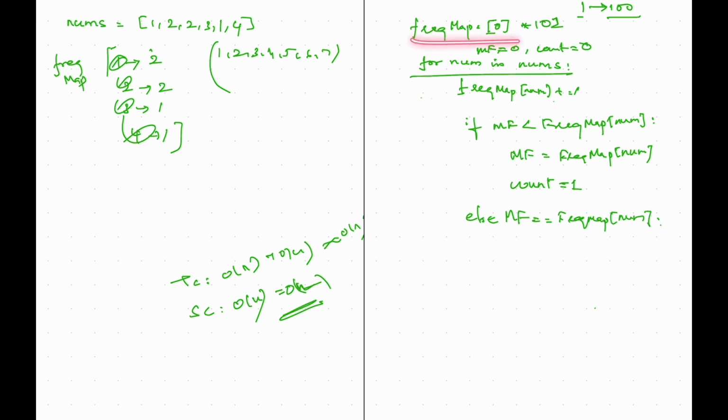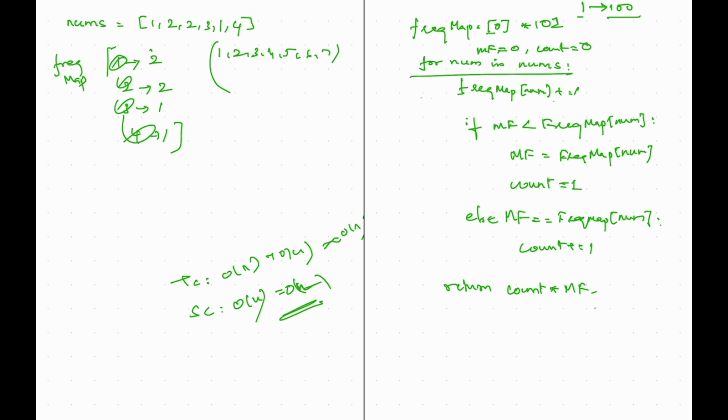Instead of using a counter and storing it in a hash key value, here you are using an array bound approach. Since it's fixed, the space complexity goes from order of u to order of 1. Only that is the difference. So here count will be incremented by another one, and return count times max frequency.